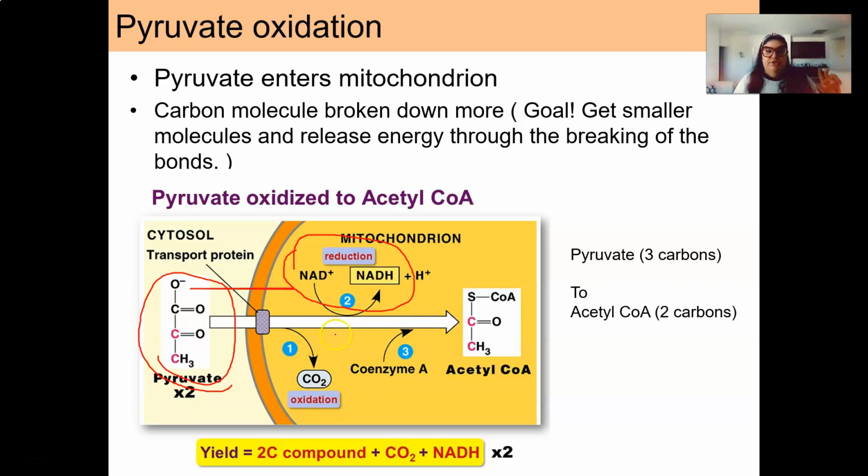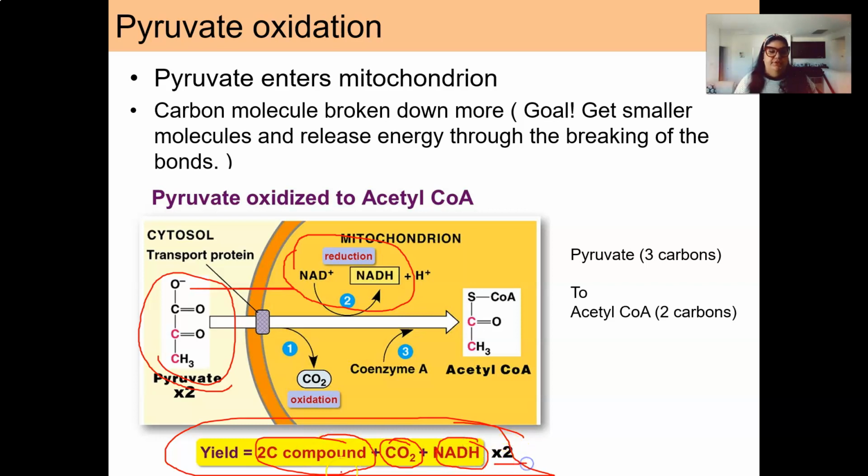All right. So that's what it looks like. So this is what I get. Here, I get out 2 acetyl-CoAs, 2 CO2s and 2 NADHs.